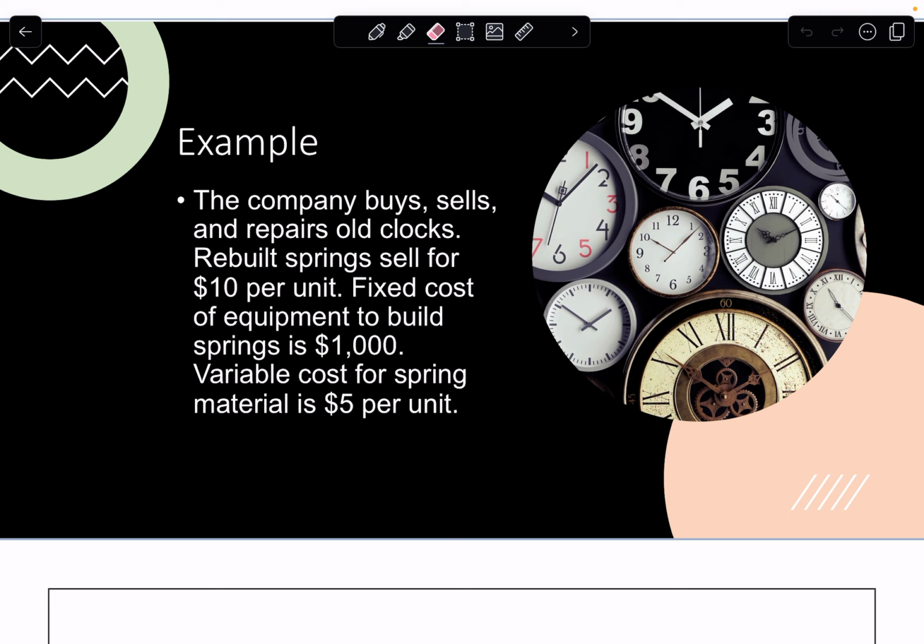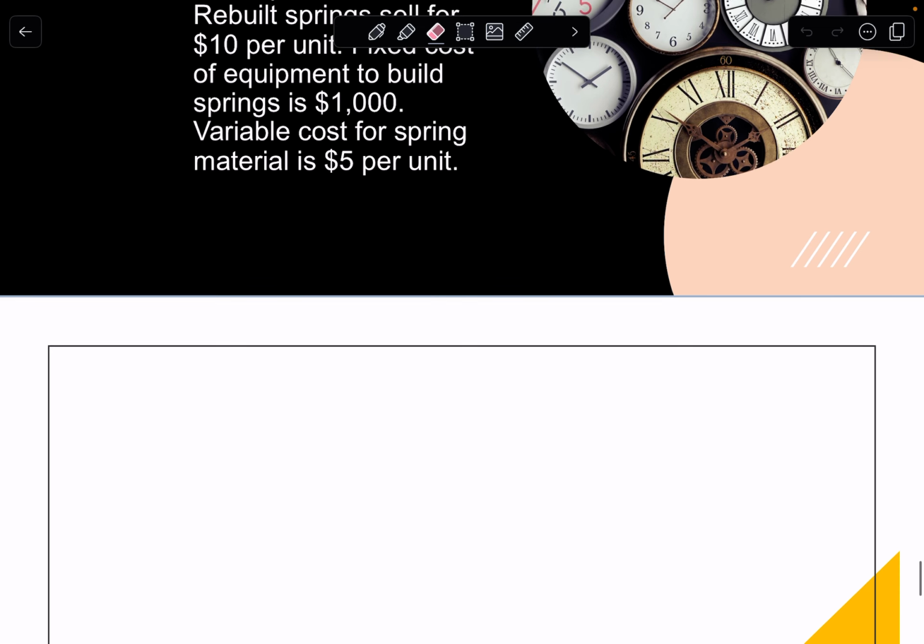But the cost for the spring material that they need to rebuild a clock would cost them $5 per unit. At the same time, the equipment to build the springs costs $1,000.